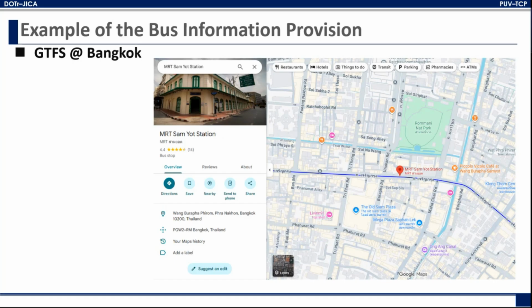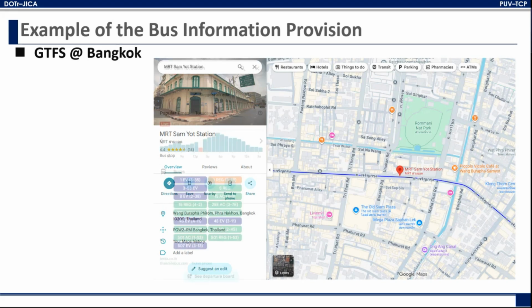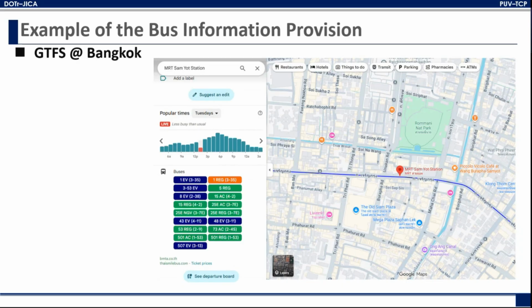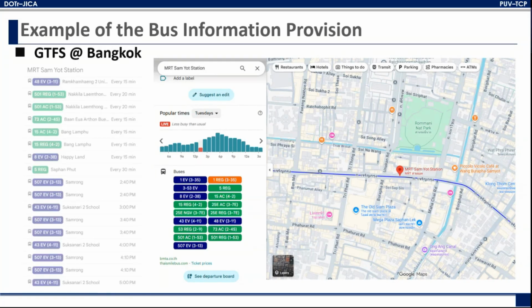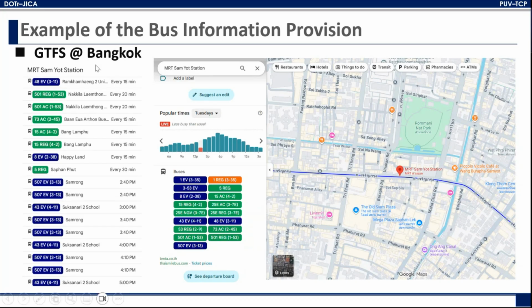Then when you search, for example, the MRT Samyot station in Bangkok, Thailand, what kind of buses will operate along these stops is also displayed. And when you click these items, for example, this route operates every 15 minutes, and others every 20 or 50 minutes.